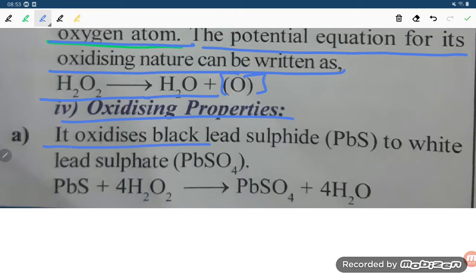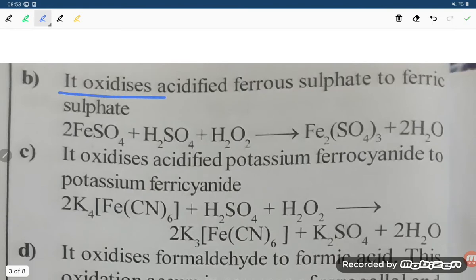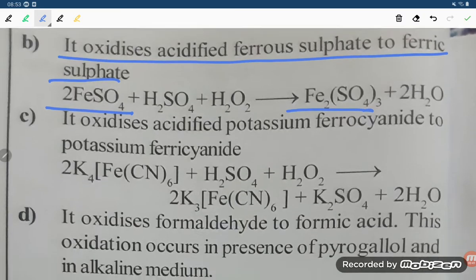It oxidizes black lead sulfide, PbS, to white lead sulfate, PbSO4. It oxidizes ferrous sulfate to ferric sulfate, meaning FeSO4 is oxidized in acidic medium to Fe2(SO4)3.